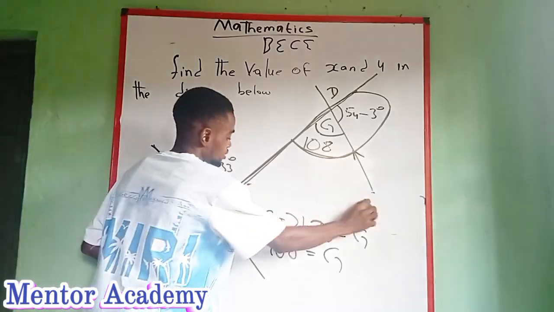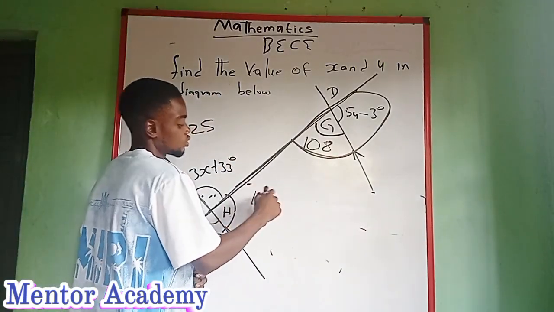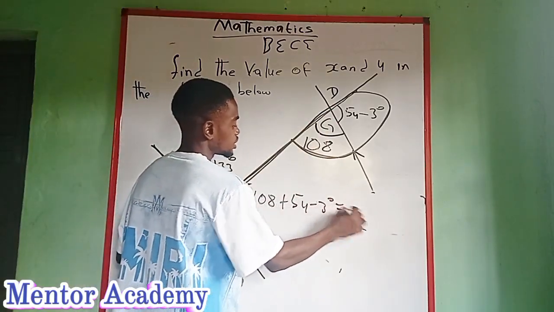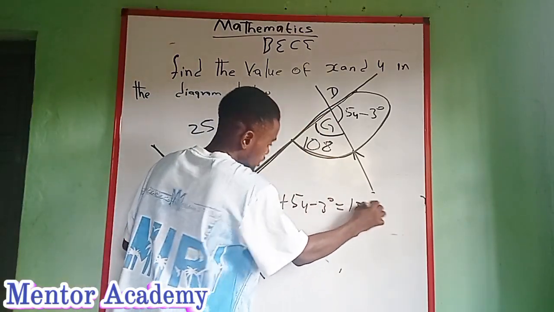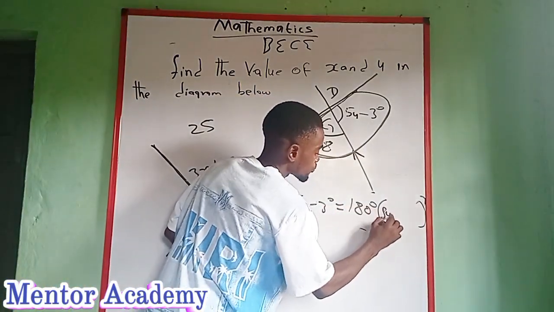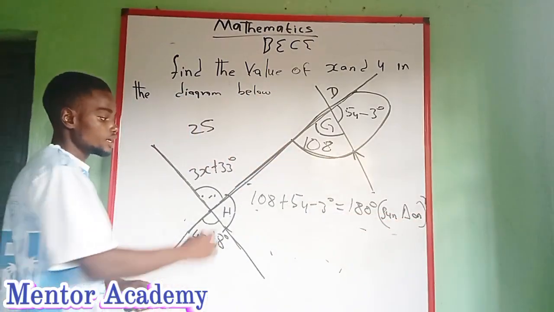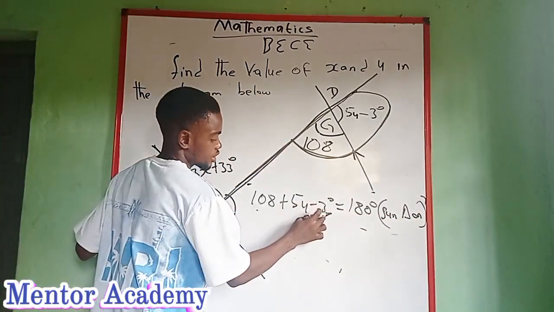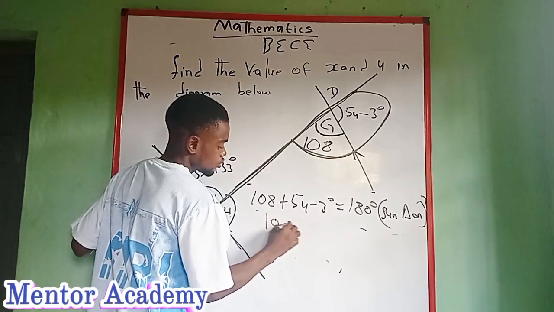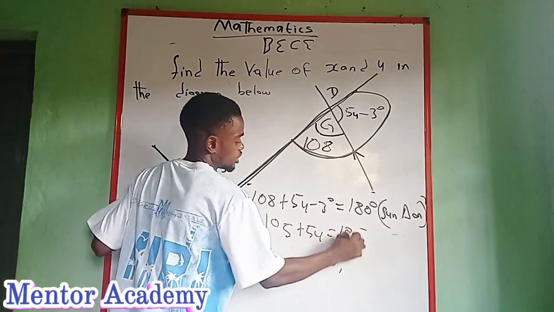That new equation is 108 plus 5y minus 3 degrees equals 180. Remember, it's a theory question. You tell them that it is the sum of angles on a straight line. So 108 minus 3 gives us 105 plus 5y equals 180.